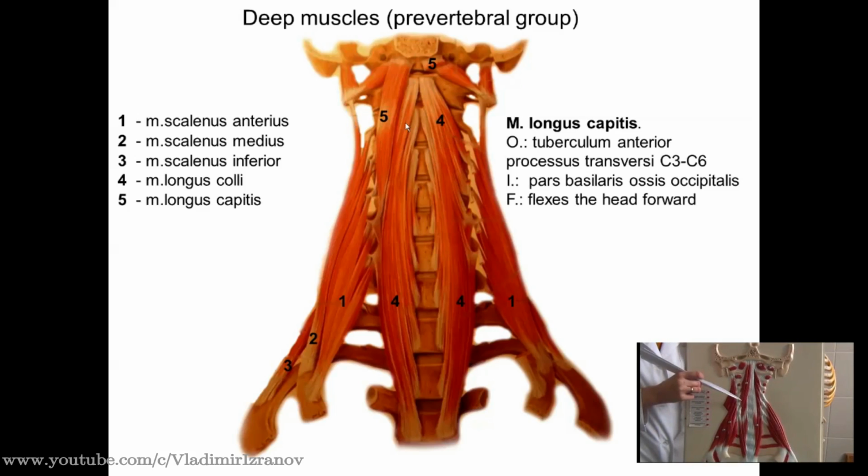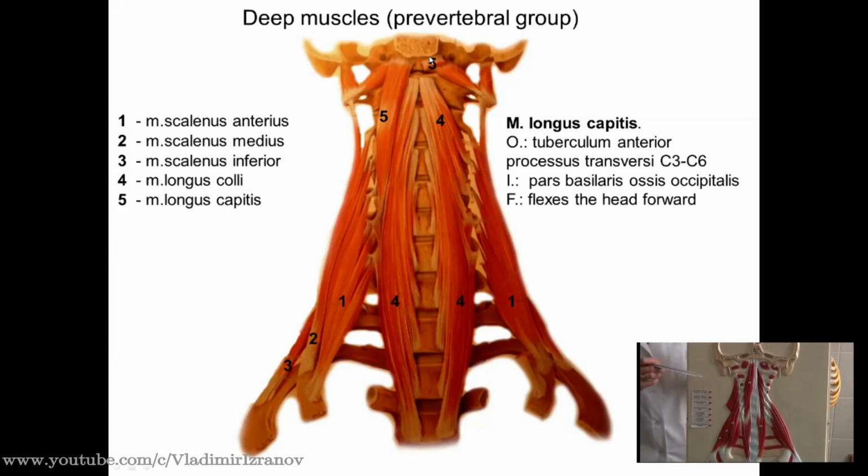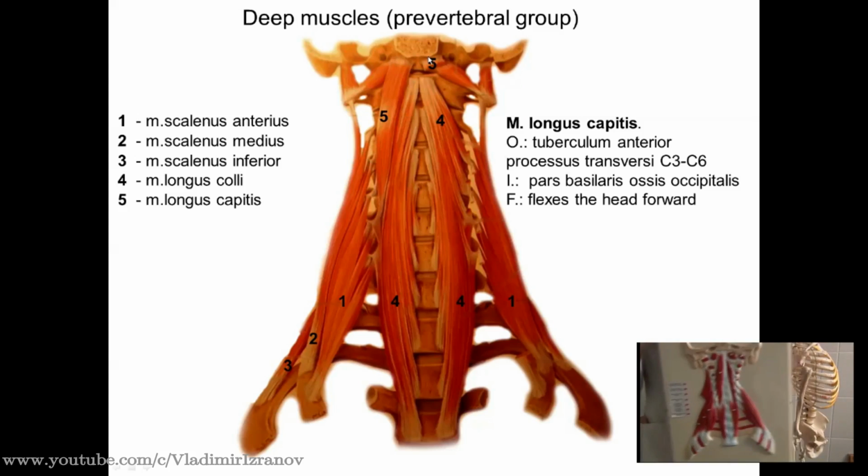Origo of this muscle is processus transversi of vertebra cervicalis, and it inserts into pars basilaris ossis occipitalis.